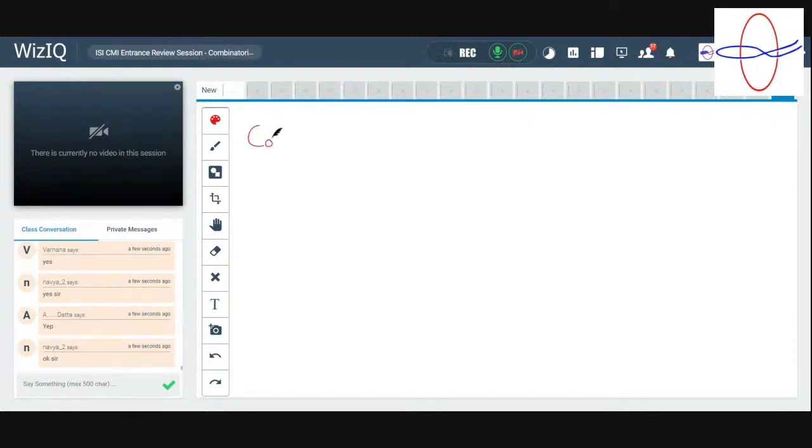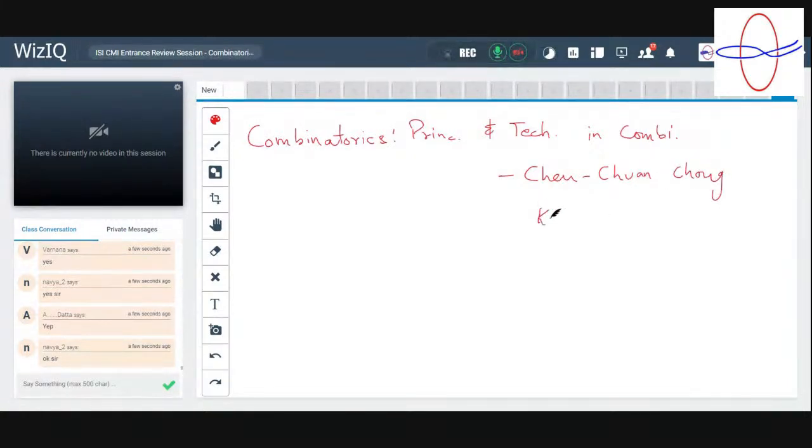So for combinatorics, and bear in mind, I skipped a lot from all of these books. So for combinatorics, I used a book called Principles and Techniques in Combinatorics by two fellas named Chong Chen Chuan and Khee Meng Koh.